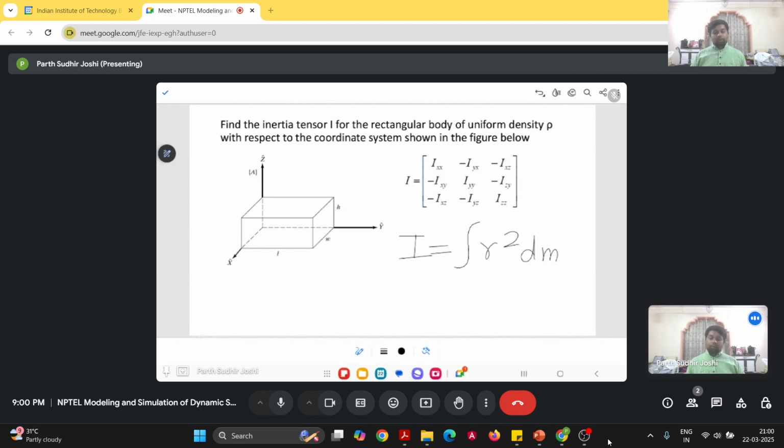So let us say a particular mass is located somewhere here. Let us say we consider a small mass dm which has some differential dimensions, let us say dx, dy, and dz.